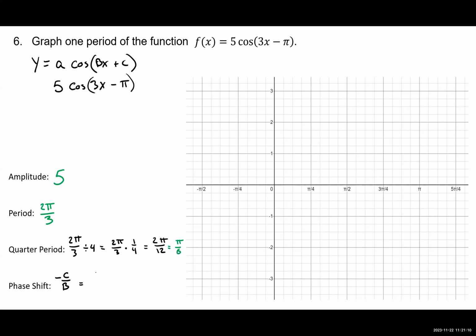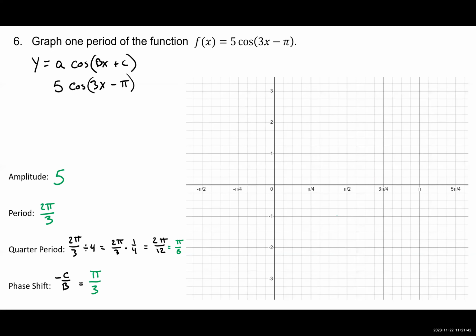So that's going to be the negative of a negative pi, which is pi, divided by b, which is, in this case, 3. Let me put that in green because that's the final phase shift. So we're going to start at pi over 3 to the right.